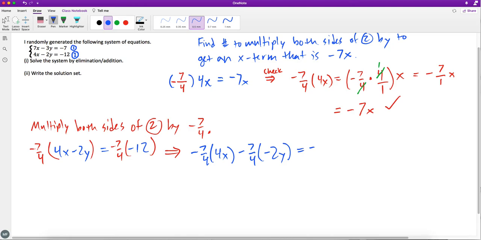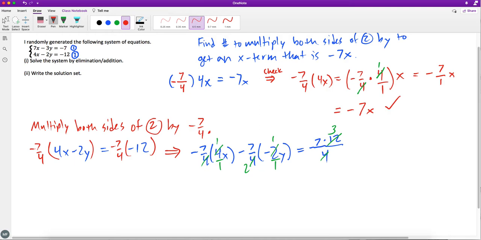Negative times a negative is a positive, so this is going to become 7/4 times 12. But we can simplify this a little bit. 12 divided by 4 is 3. We'll also be able to simplify on the left-hand side if we remind ourselves that we can put them over 1. And so again, we have 4 divided by 4 is 1. Over here, we can divide 2 by 2 if we split 4 into 2 times 2. So then we divide that out, and we're left with just the single 2.